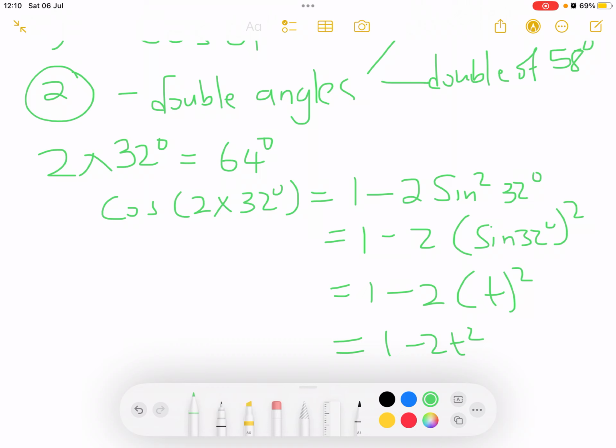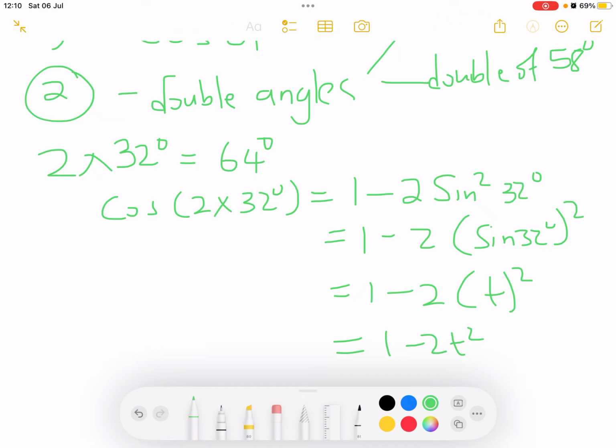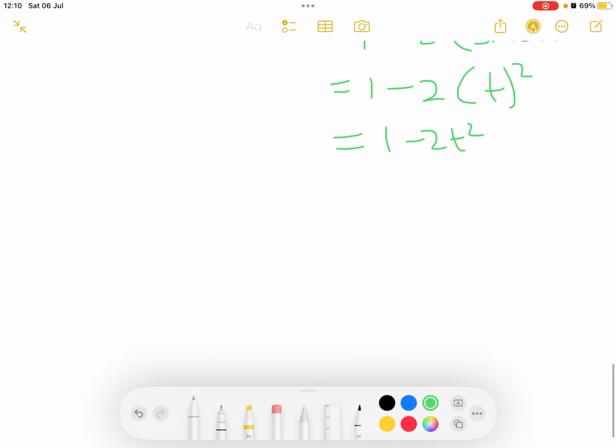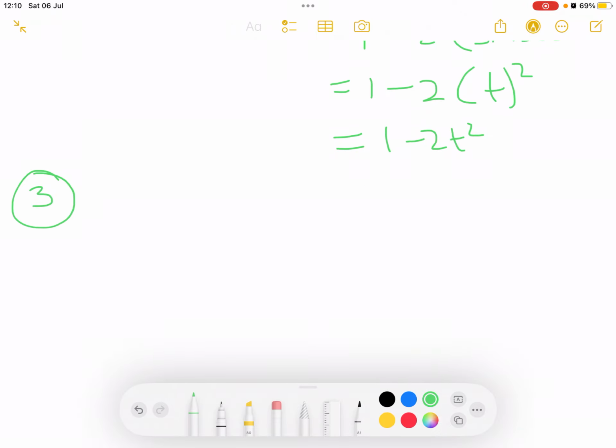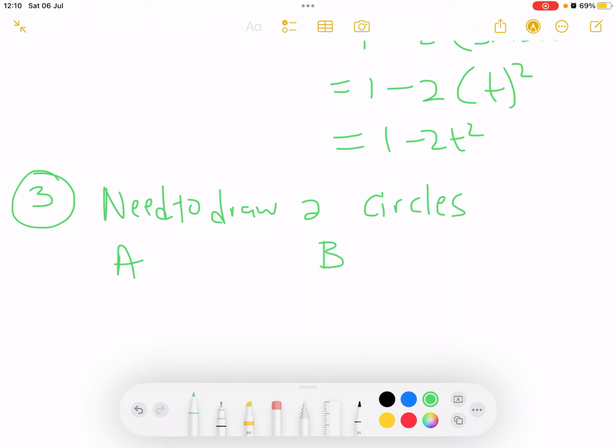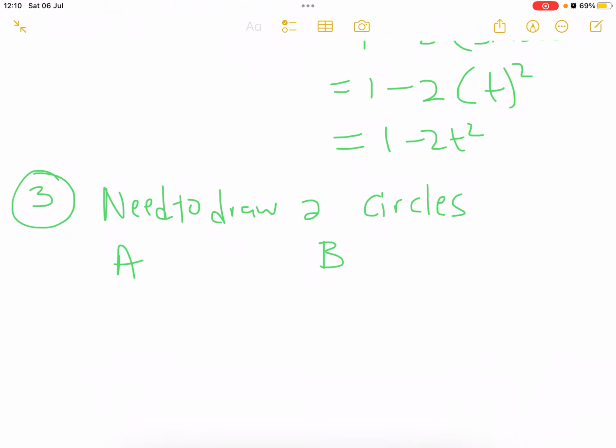Okay, so it's preferred to use what you are given in the question. Then we move on to rule number 3. Rule number 3 says we need to draw two circles, circle A and circle B, or circle alpha and circle beta.